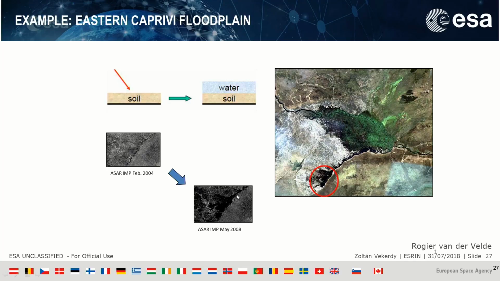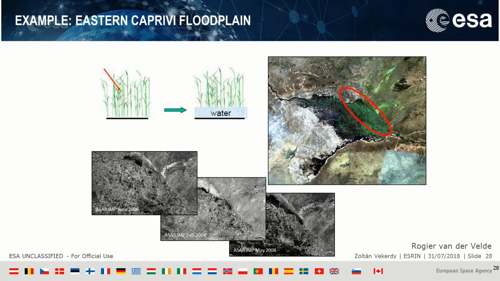That means that the flooded areas have much, much more specular reflection away from your sensor. So you can identify the floods, which can be verified with an optical image. In fact, it's a Landsat image here. And in the Landsat image, in a color composite including near infrared, you can get a very nice outline of the flooded area.